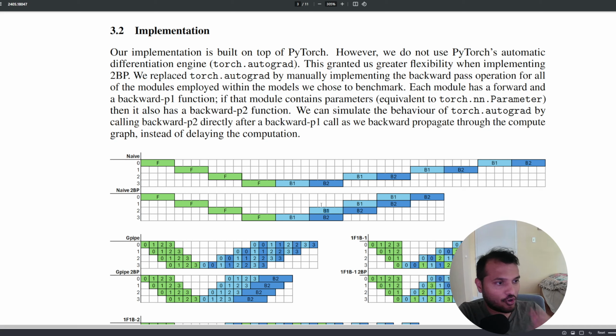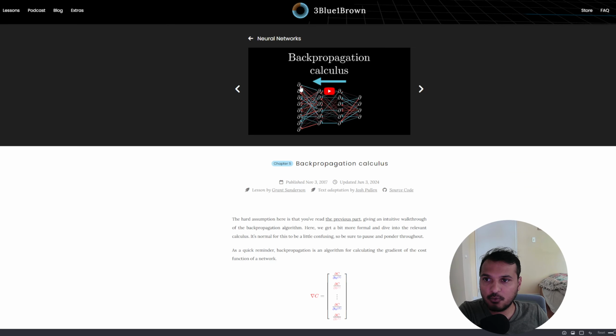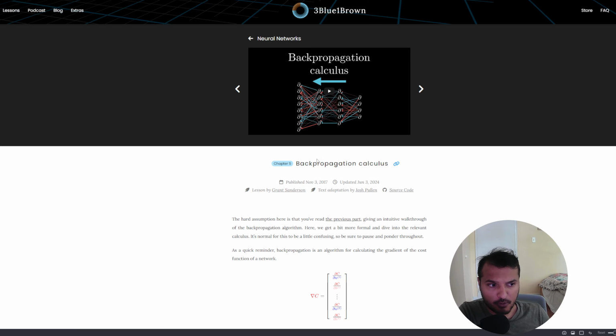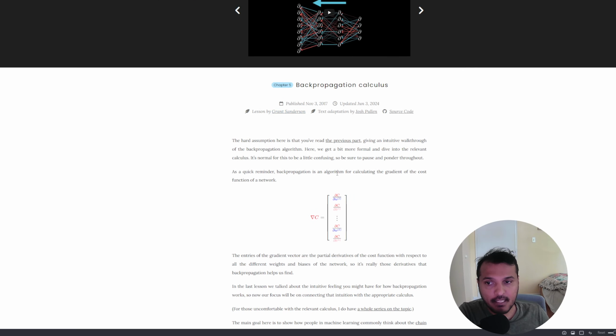Let me quickly talk about why we are able to split this backward propagation in 2 steps. 3Blue1Brown has a nice page overviewing what backpropagation is, but I will quickly go over the key idea here.